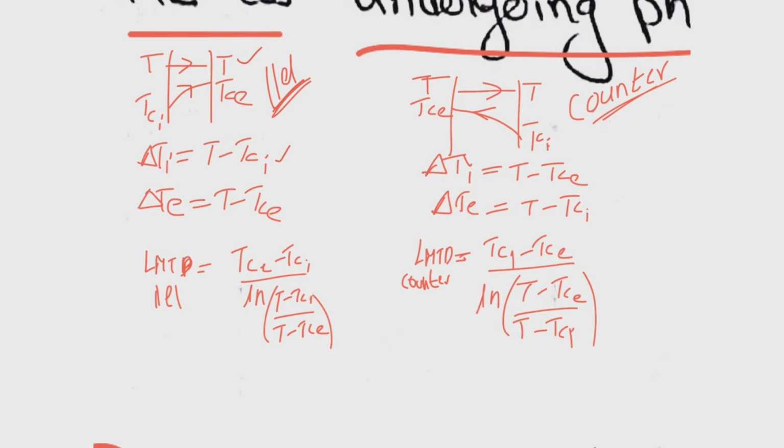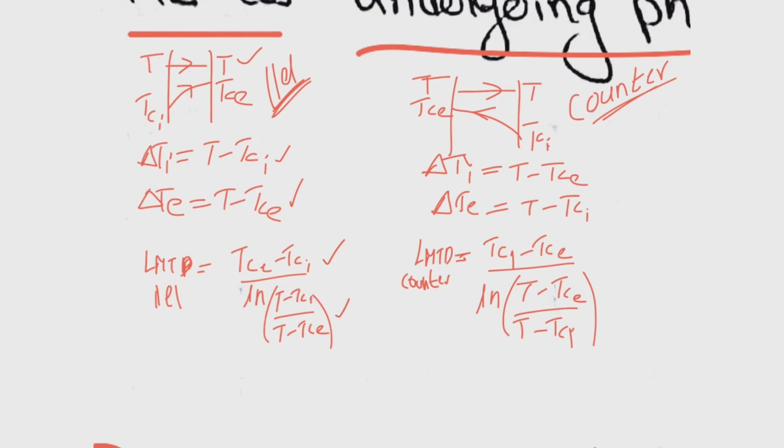Here also the inlet is the inlet of the hot fluid. Delta Te is T minus TCE. Therefore, LMTD is delta Ti minus delta Te over ln of delta Ti by delta Te. After simplifying, we get TCE minus TCI by ln of T minus TCI by T minus TCE.